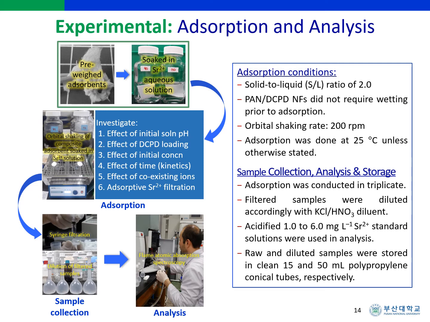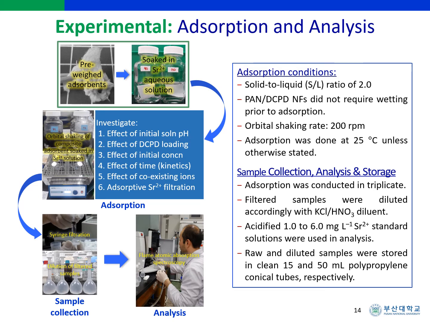The effect of DCPD loading, 10 to 98%, on adsorption capacity was evaluated using 500 ppm aqueous strontium solution. The PAN DCPD-NF with the highest adsorption capacity was used in the succeeding adsorption tests.